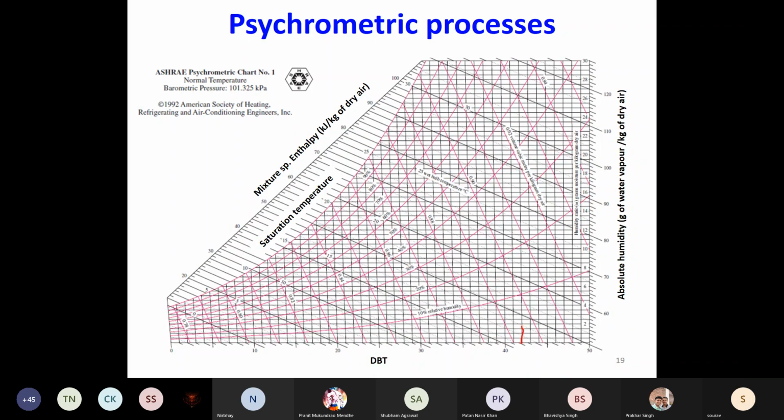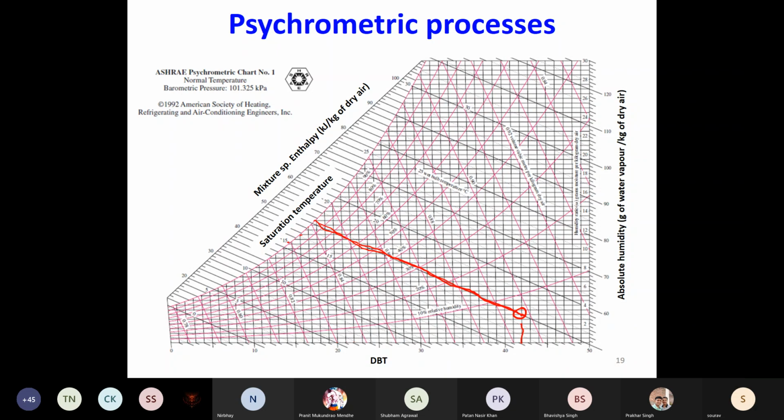So let's mark the process on this chart. 42, and this was the line somewhere here, and you should follow this line, but you are only attaining 80%, so you will be able to get 23 degrees.